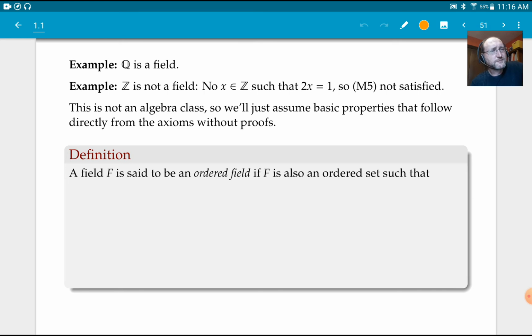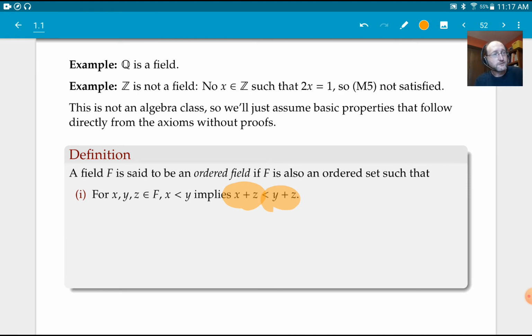But maybe something that you haven't seen in algebra is what about if you have an ordered set and a field? Now, you could order a field in some random way. So that's not what we're interested in. We're interested in an ordered field, meaning it's a field that is an ordered set, and the ordering plays nice with the algebraic properties. So first, if I have x is less than y, then I can add something to both sides and it preserves the inequality, right?